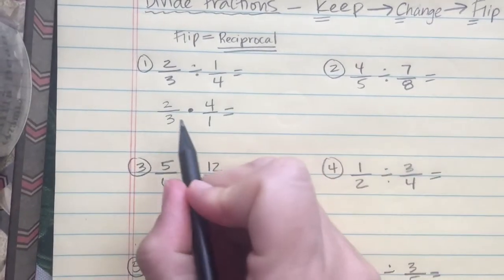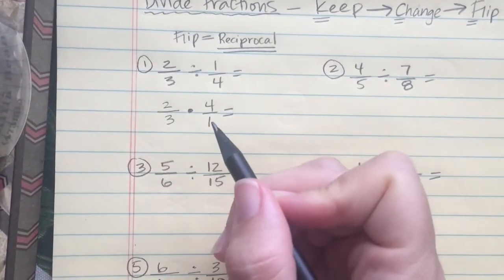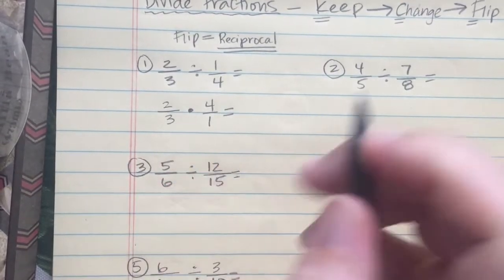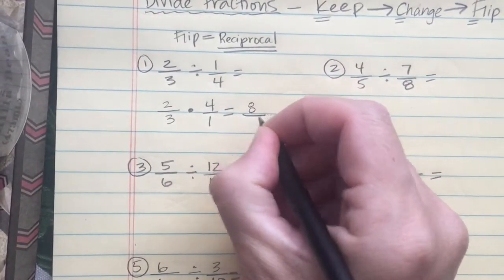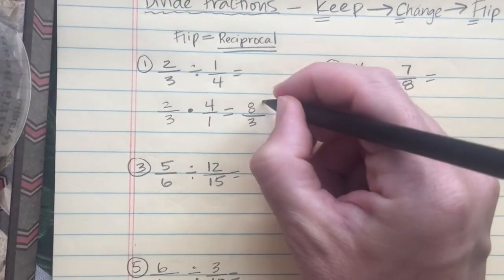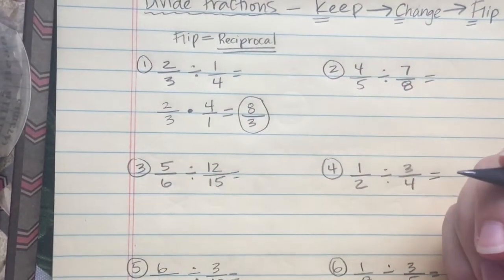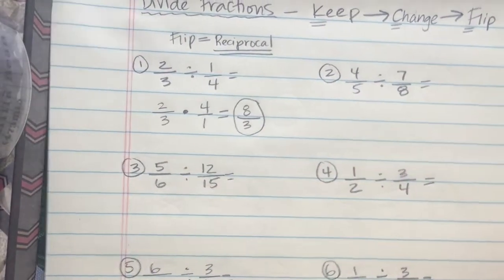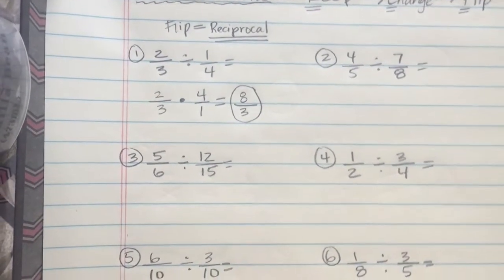Okay? All right, now this is just multiplying fractions, which we just did in the last video. I can't do any cross canceling, so it's just going to be top times top and bottom times bottom. And next video, I promise, we're going to talk about improper fractions and what those mean. Okay? All right, number 2.